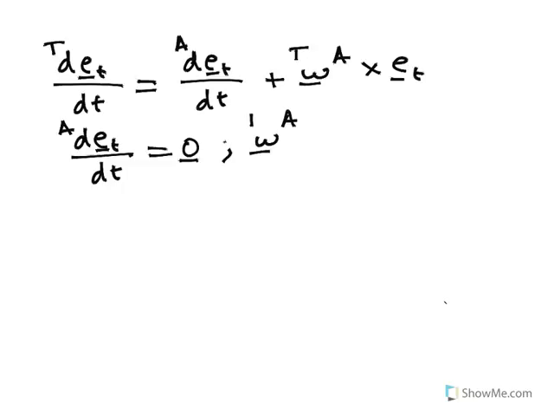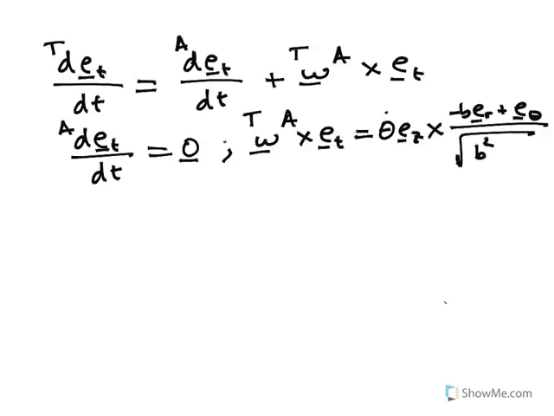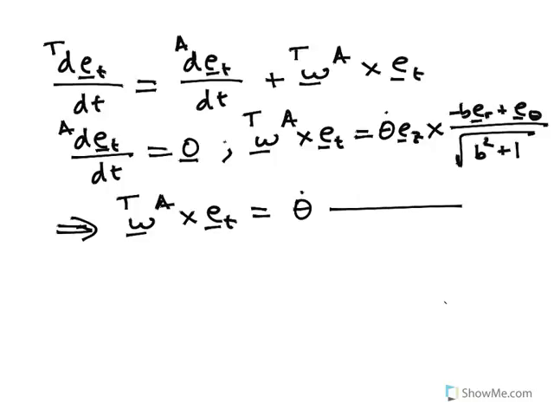The angular velocity of A and T crossed with Et is then equal to theta dot EZ crossed with minus B ER plus E theta, all divided by the square root of B squared plus 1. Let's start taking vector products. EZ crossed with ER is E theta, and EZ crossed with E theta is minus ER.